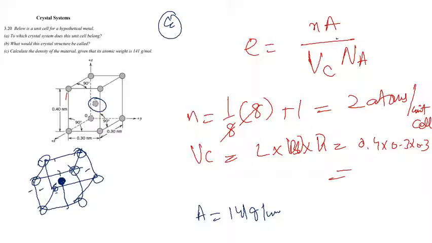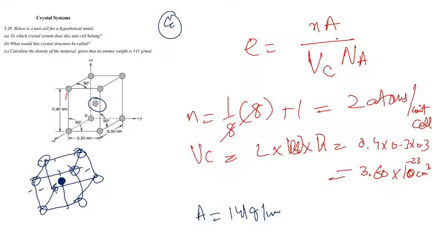So it is 3.60 into 10 raised to the power minus, if we convert every side into centimeters, it will be 10 power minus 8, 10 power minus 8, and 10 power minus 8. So it will constitute 10 power minus 23 centimeter cube.